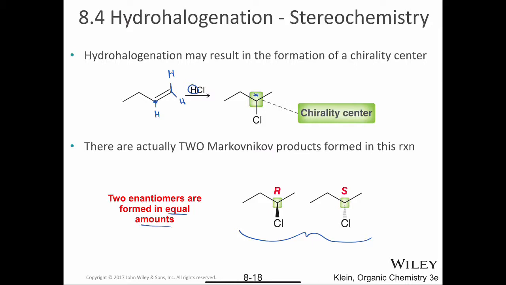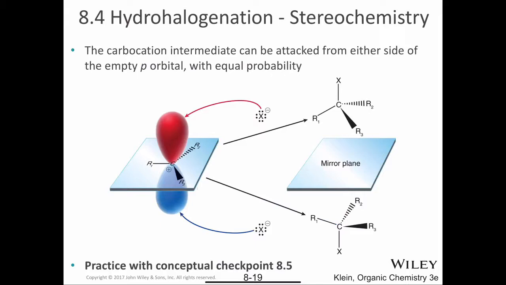So let's take a look at why that must be. If we look at what happens, the carbocation intermediate that's formed is sp2 hybridized. So if this carbon is sp2 hybridized, it has an unhybridized p orbital, and the molecular geometry of the carbocation is trigonal planar.